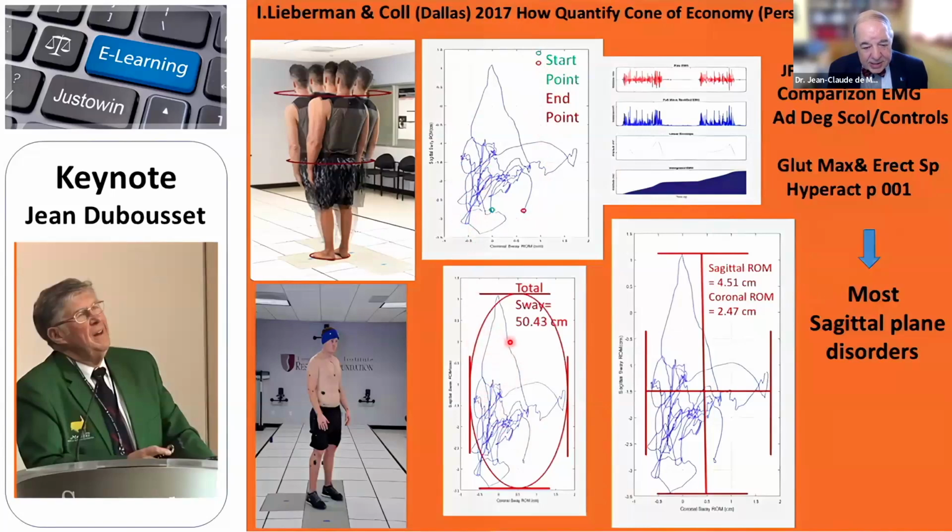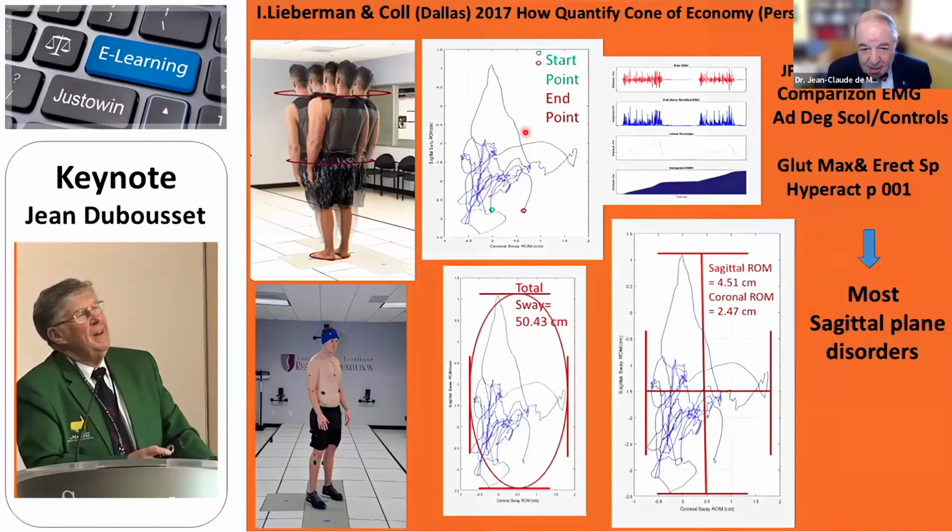And it was possible to quantify this cone of economy with this registration on the head. The same work was done in Italy. And you see that you can calculate with the mobilization of the head. We have two elements. We can calibrate the cone of economy, and you see also that this registration is chaotic.